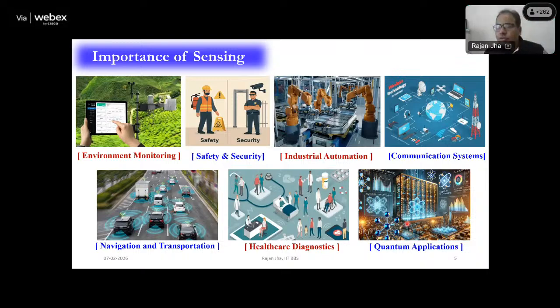This is something which is the future, and there is a lot of research going on across the globe in the area of quantum applications. I say quantum applications broadly because using quantum sensors and quantum metrological systems, one can precisely determine some parameters which otherwise are not possible with the classical sensors, which we'll be discussing.